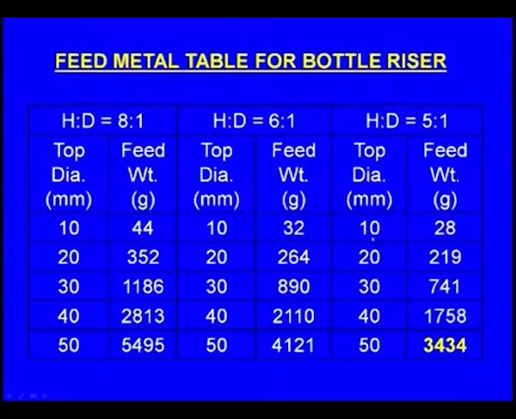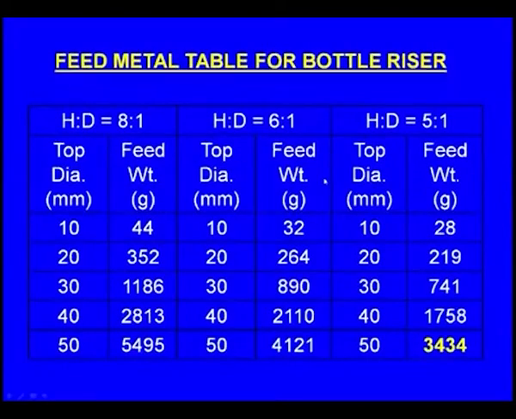So, this is the standard table for the bottle riser, and here we can see the feed metal in this case, 3434 grams. So, this is the top diameter of the bottle riser, and this is the H by D ratio 5:1. Accordingly, we can design the bottle riser.